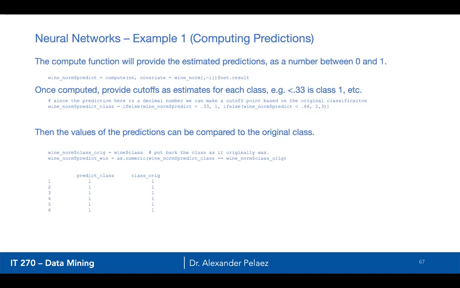So the way you would really read this, if it's less than 0.33, it's a 1. If it's less than 0.66, it would be a 2. Remember that the 0.33 is already done, so you wouldn't have any left over. So anything that's 0.66 and greater will be classified as a 3. So let's see how that works.